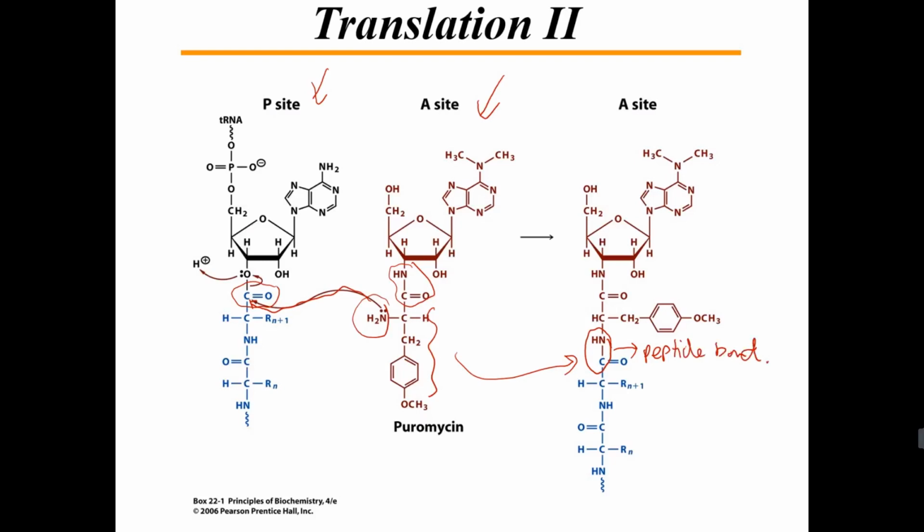And again, once this is in the A site, you'll notice that because we have that amide linkage that I highlighted before, it's not conducive to nucleophilic attack if we were to actually translocate it and allow for another aminoacyl tRNA to come in, because we don't have that oxygen at that 3' hydroxyl.